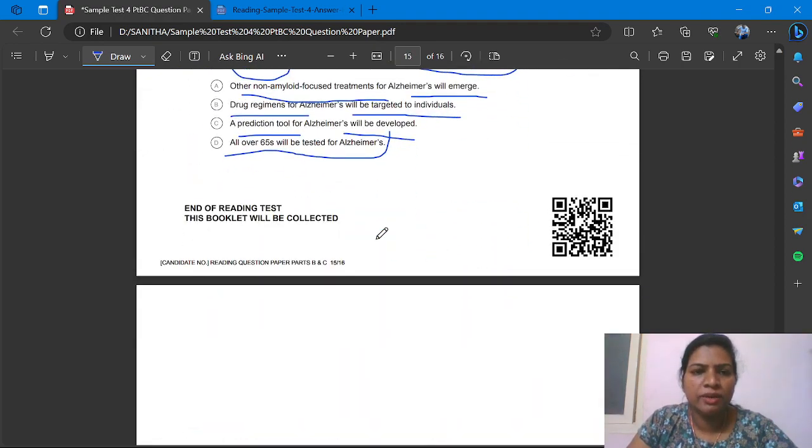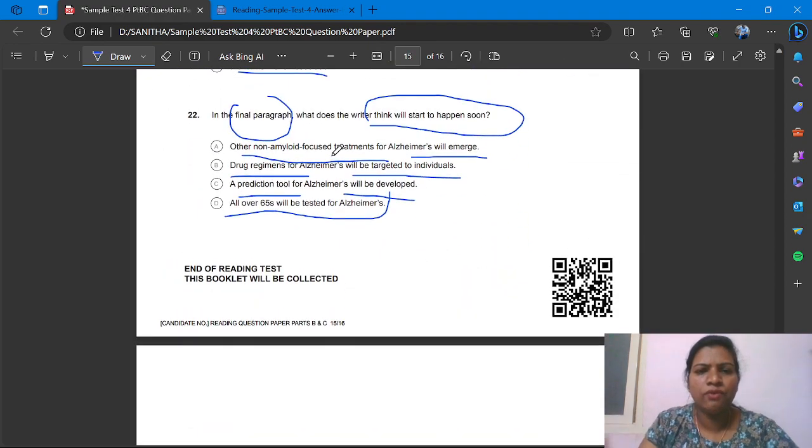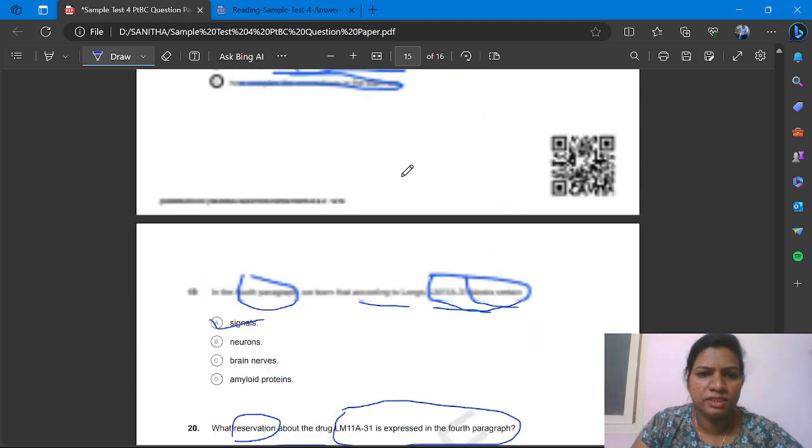Then we have to go to the last part: other non-amyloid focused treatments for Alzheimer's will emerge, but still will start to happen. Non-amyloid focused treatment for Alzheimer's will emerge, like that he said.